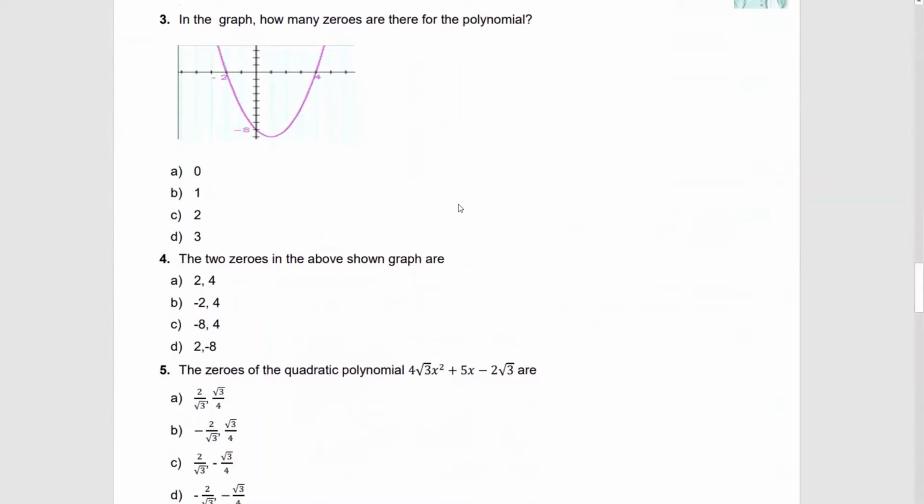The graph, how many zeros are there in the polynomial? So count where the graph intersects the x-axis. This gives you the number of zeros.